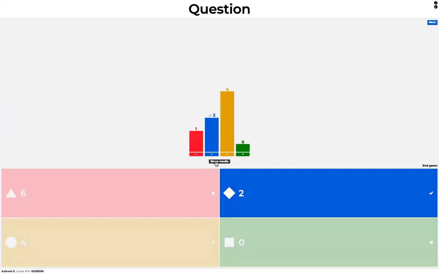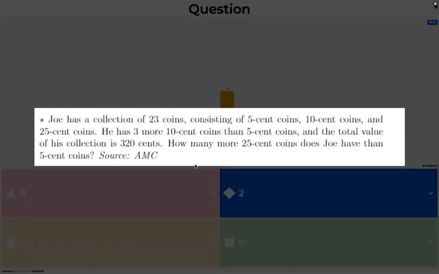So maybe we should talk about this one. What variables did you guys use? T, F, Q. So one for each type of coin.